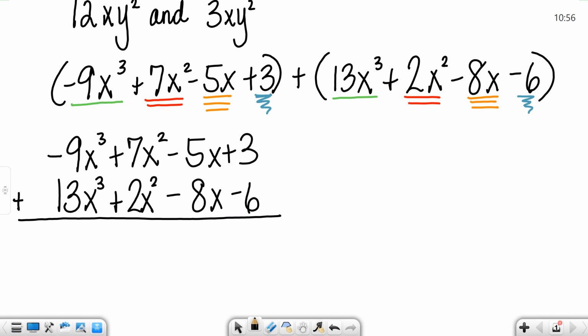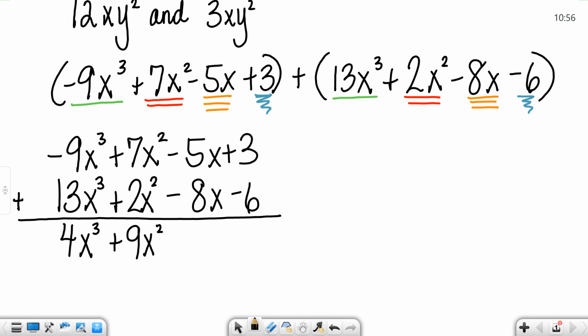And then I'll come over here and put a plus. All right, so now I'm actually going to do it. So I add the coefficients, the numbers in front. So negative 9 plus 13 would give me 4x cubed. Positive 7x squared plus 2x squared would give me plus 9x squared.